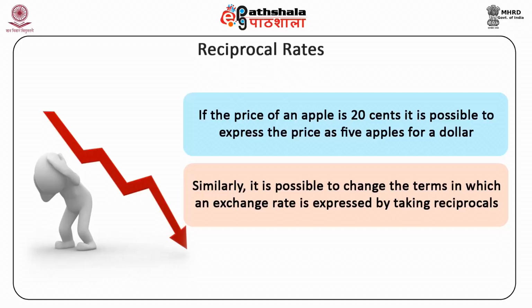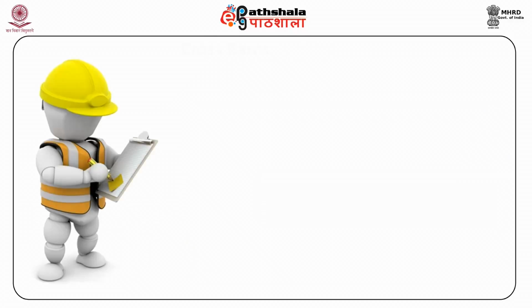Reciprocal rate would be 1 yen, which would be the commodity currency, which is equal to US dollar 1 by 124.50 as the terms currency. That is, 1 yen is equal to US dollar 0.008032. Second one is cross rates.